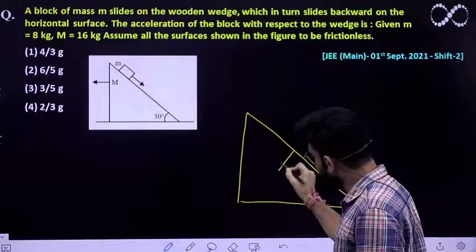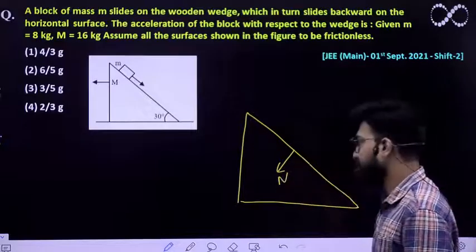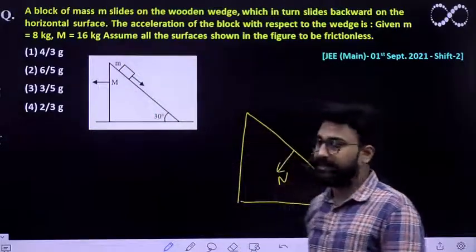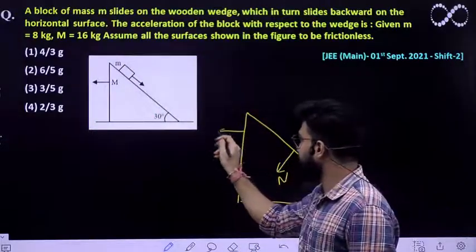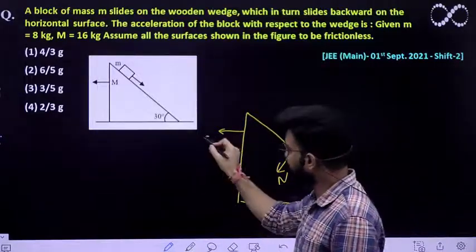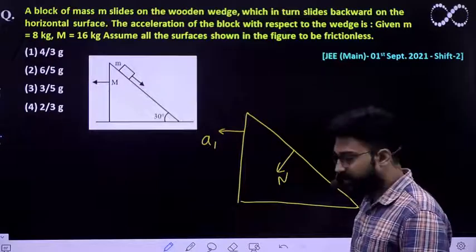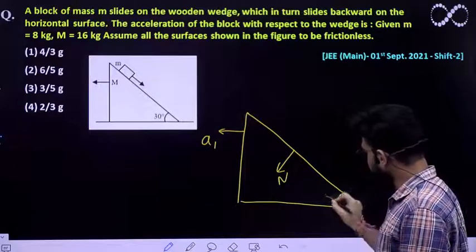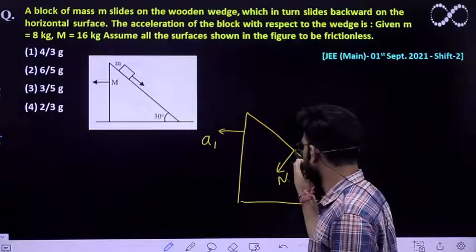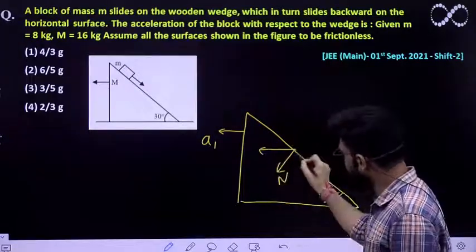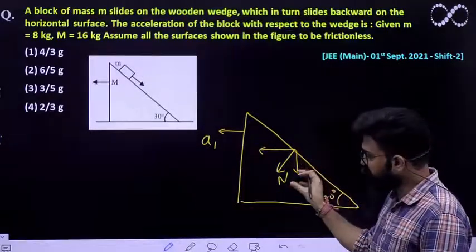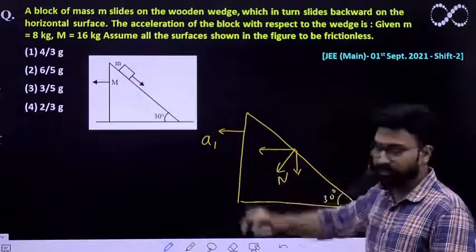So suppose N is the normal force applied by the small m block on this capital M, and it goes backward because of this normal force with an acceleration of, let it be, a1. This angle is 30 degree, and the only component of this normal force along the horizontal will make this wedge move backward with an acceleration of a1.